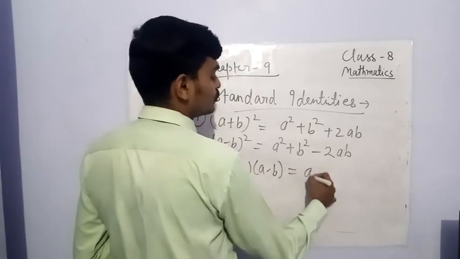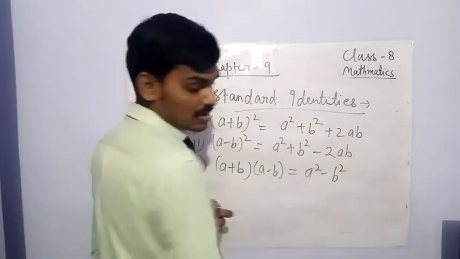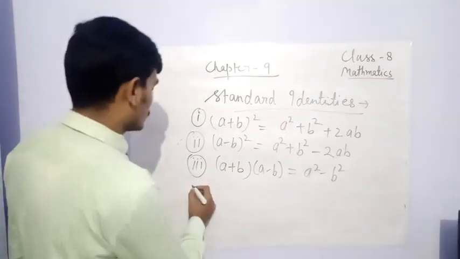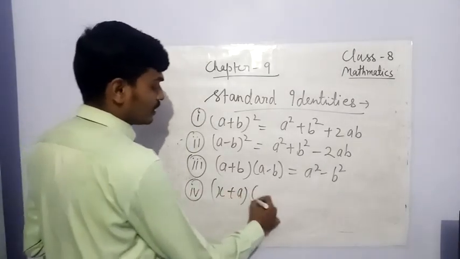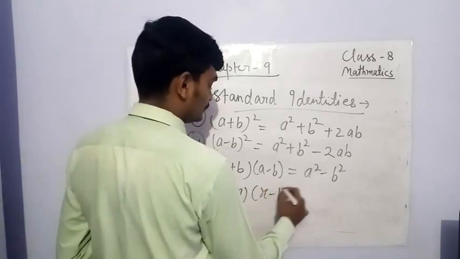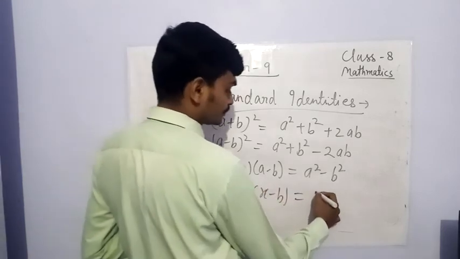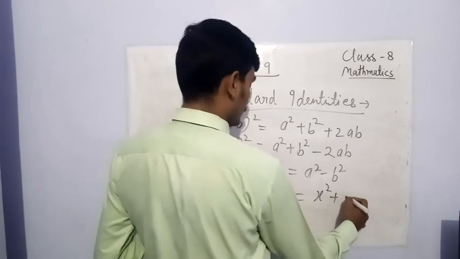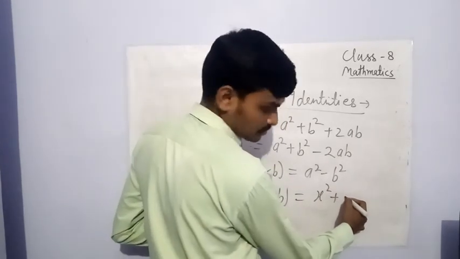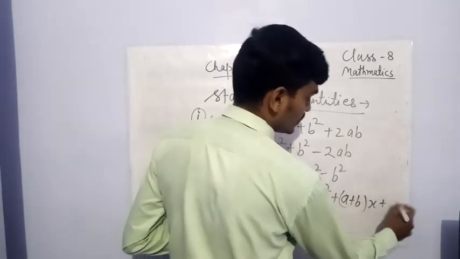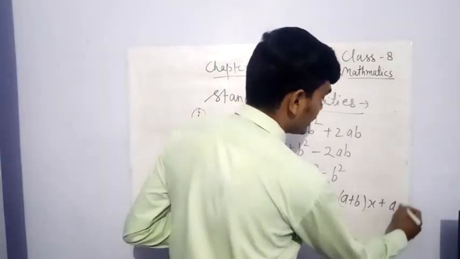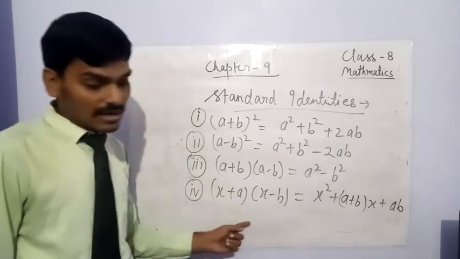This will be equal to a square minus b square. Now the next identity is x plus a into x plus b. This will be x square plus a plus b into x plus a into b. This is another identity.